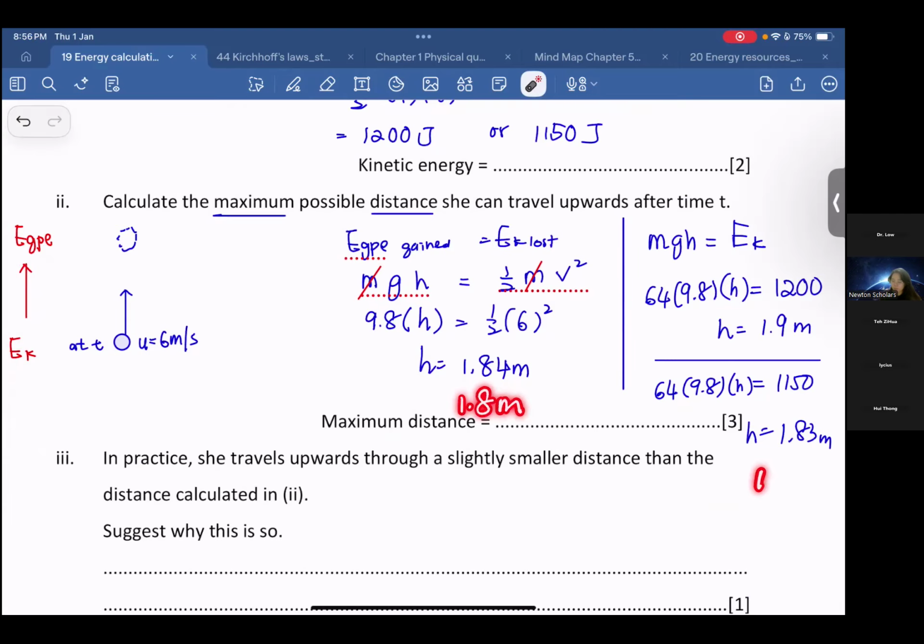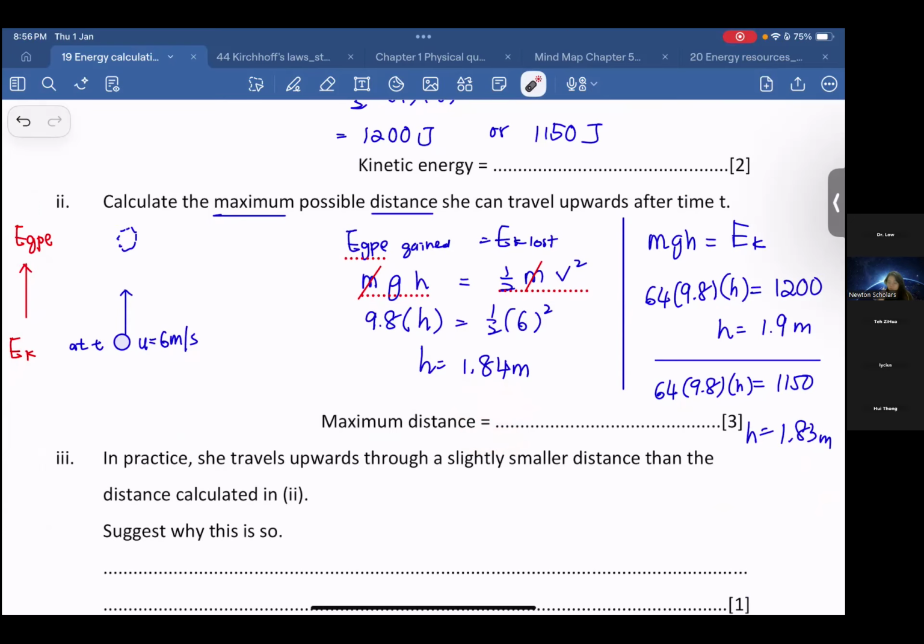Here I get 1.83, two significant figures, I still get 1.8. This is the reason why, in the answer scheme, most of the time they use two significant figures. No matter what method you use, there is a slight difference in the values, but it's okay. At the end, you round to two significant figures, and everybody will get the same answer.